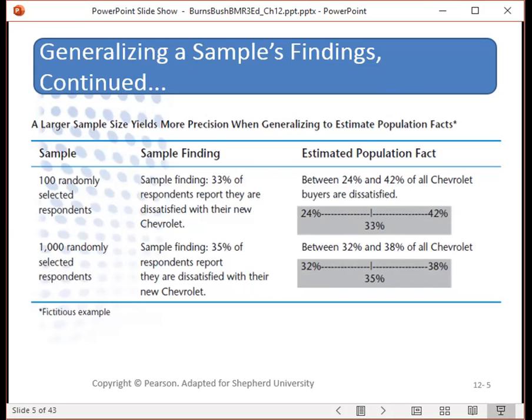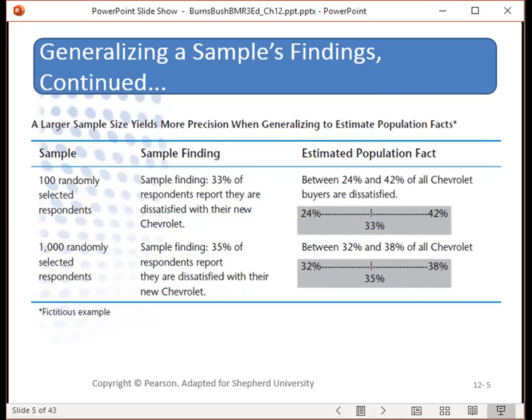In both cases, we found fairly similar findings. 33% say they are dissatisfied with their Chevrolet in the 100 sample size. With the 1,000 sample size, we find 35%.